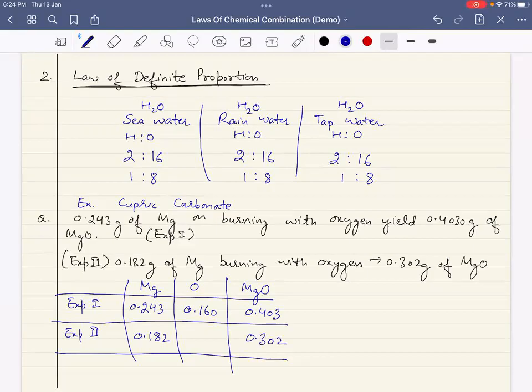So we can calculate the amount of oxygen. Subtract 0.182 from 0.302, so it will come out to be 0.120. So the amount of oxygen in experiment 1 is 0.160 gram, and in experiment 2 it is 0.120 gram.